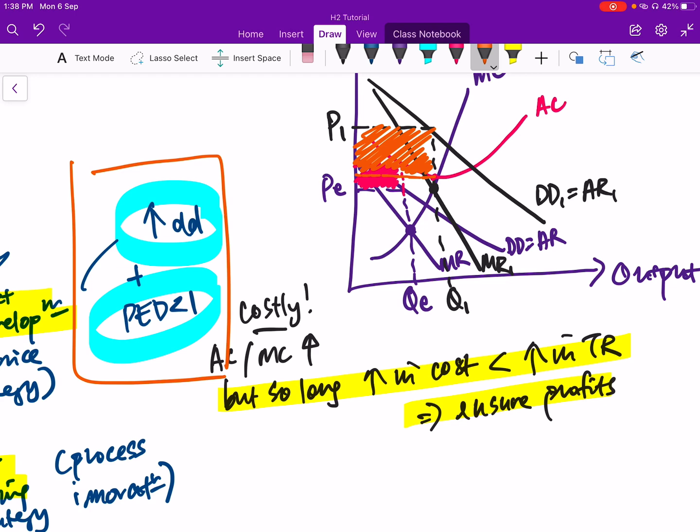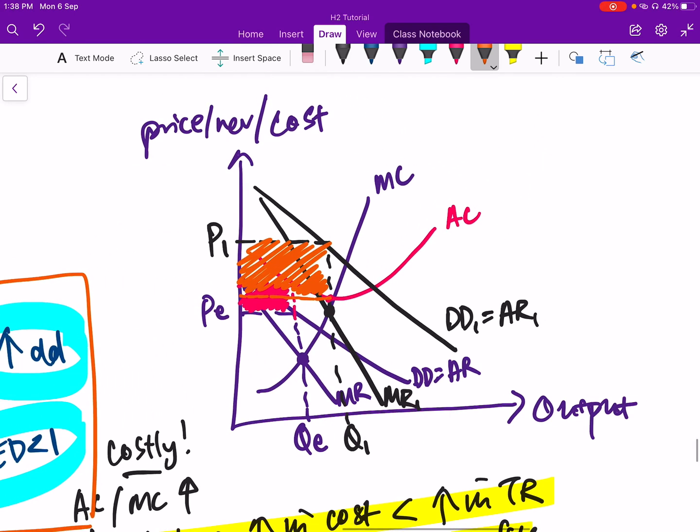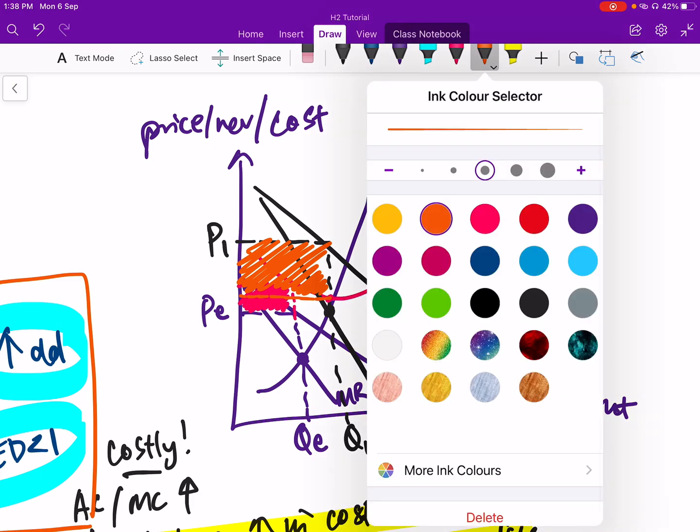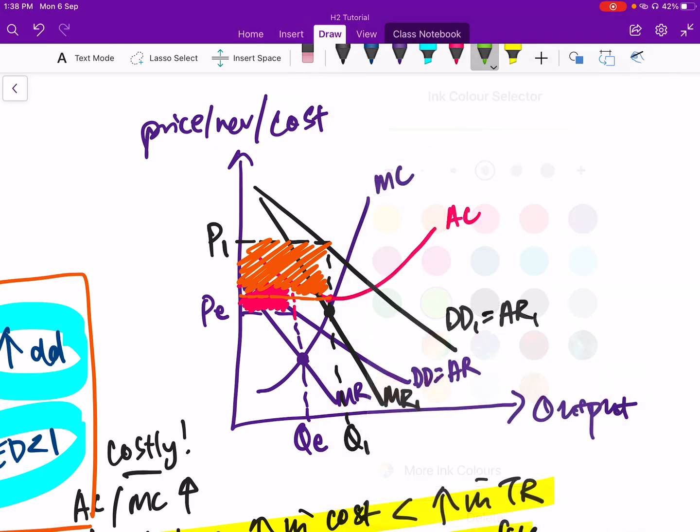Okay, so you can even showcase a scenario where your AC curve and your MC curve increase, but just to a small extent. Okay, so it is possible that your AC curve can increase to AC1, right? It is also possible that your MC also increases, okay, MC1.